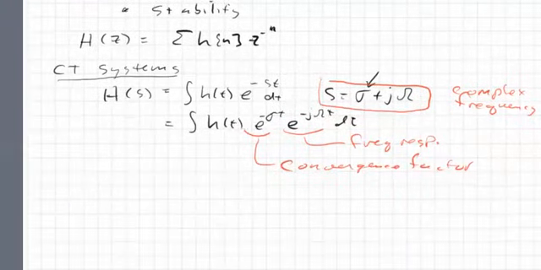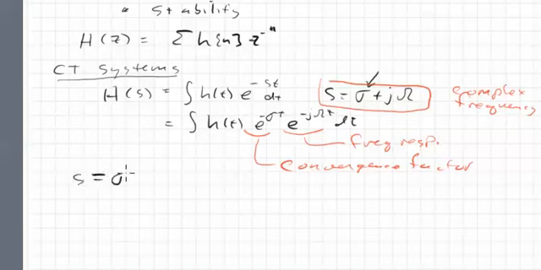Now, since s equals sigma plus j omega has no circular symmetry, and there's no periodicity involved here, we leave this in rectangular coordinates.